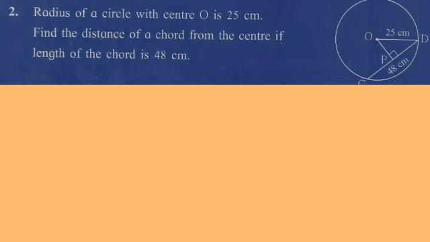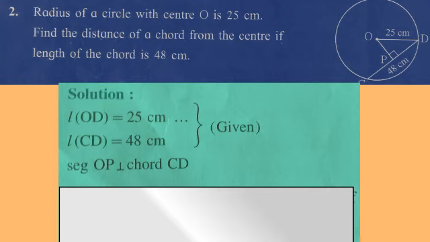The chord CD is given, with length 48 cm. So let's see the answer. In the answer, at first we have to write what is given in the question, that is, length of OD is 25 cm, length of CD is 48 cm, as well as segment OP is perpendicular to chord CD.